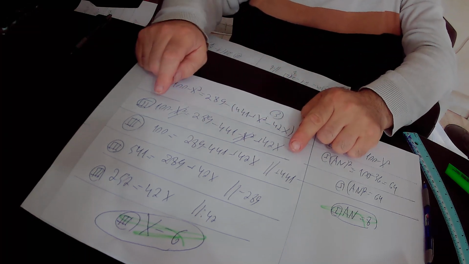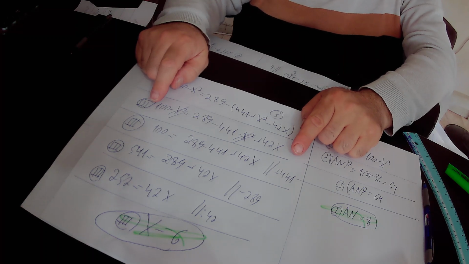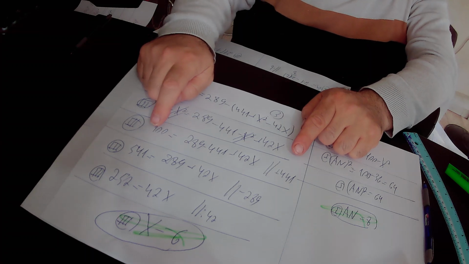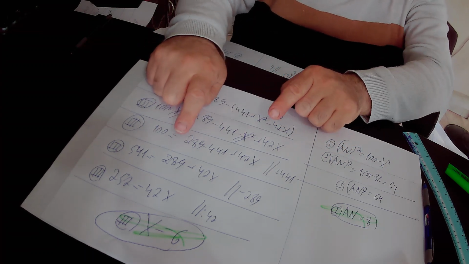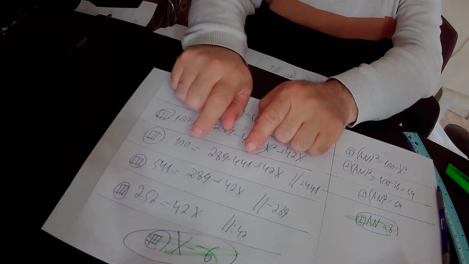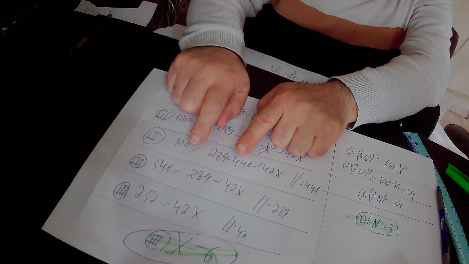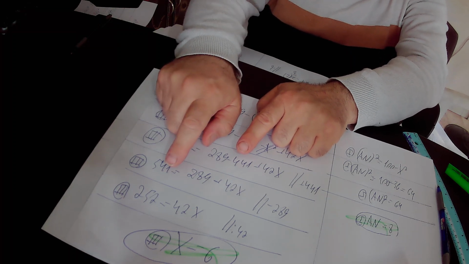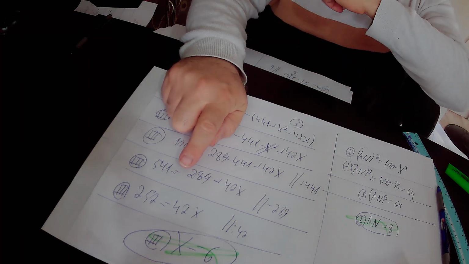Here we added 441 to this equation, equation 3, and finally found out that 441 plus 100 is 541, and 541 equals 289 plus 42X. Here we subtract 289 from this equation, equation 3, and finally found out that 541 minus 289 is 252, so 252 equals 42X according to equation 3.